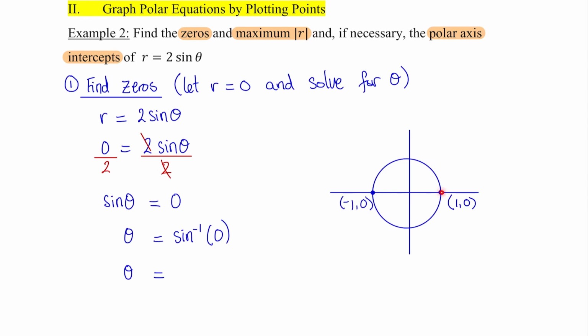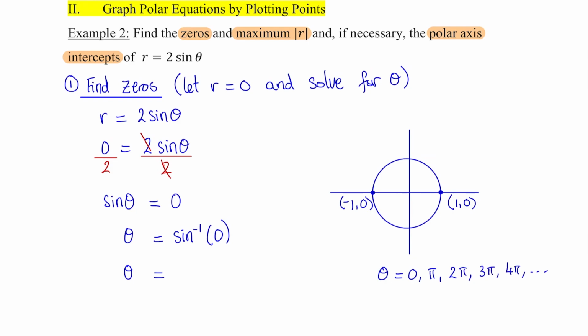So when theta equals 0, my sine is 0. When theta equals pi, my sine is 0. When theta equals 2 pi, my sine is 0. When theta equals 3 pi, my sine is 0. So my theta is 0, pi, 2 pi, 3 pi, 4 pi, and so on.